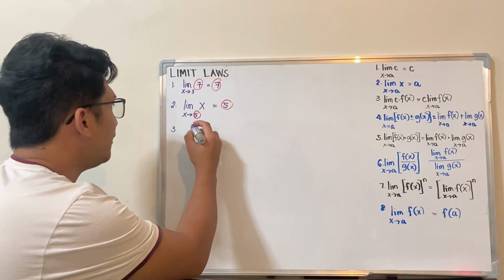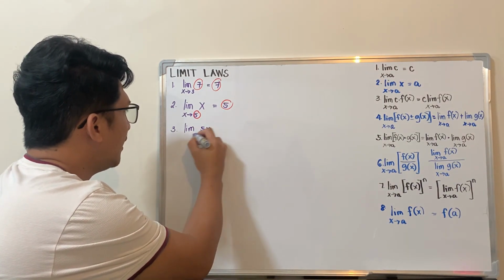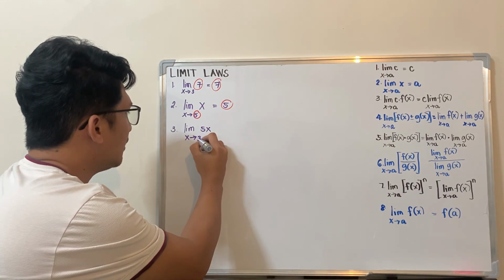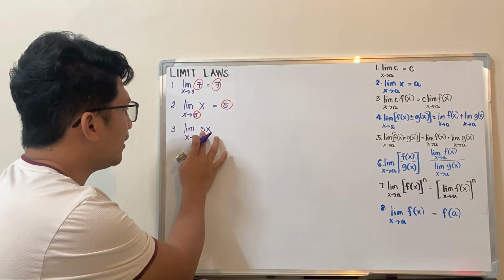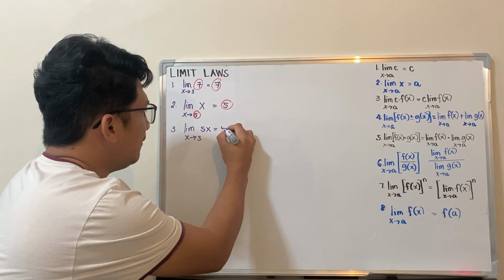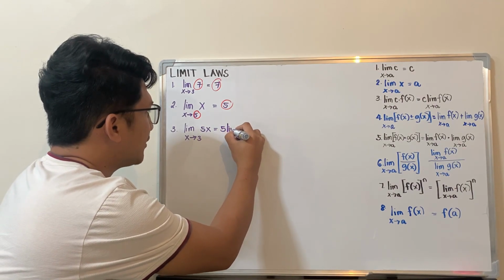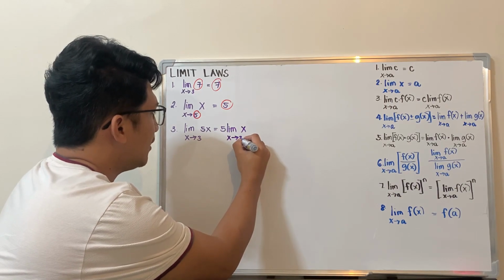For example, if we are to find the limit of 5x as x approaches 3, you can separate the constant and multiply it to the function. So you will come up with 5 times the limit of x as x approaches 3.